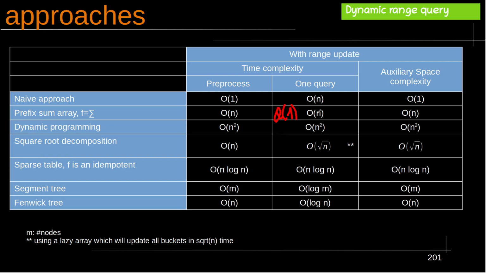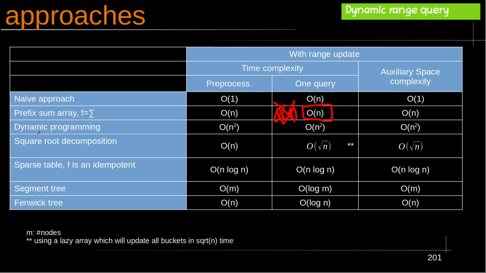But here we have an update, so we have to reprocess all the data to answer the query on the new array. So it's not constant time. To answer a single query, we need a linear time. And of course the space complexity is linear here.